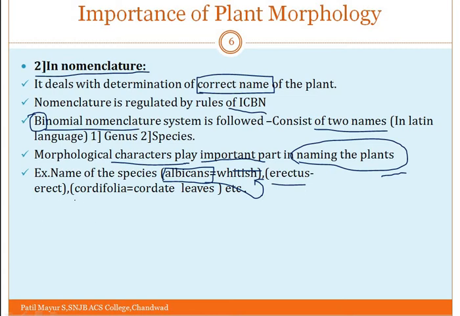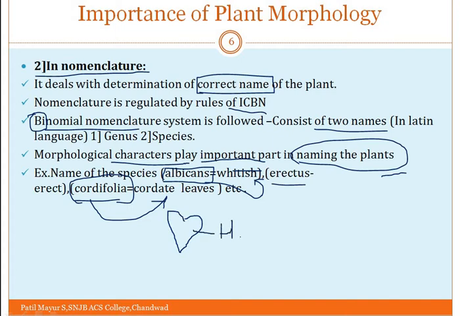Again, cordifolia is there. A famous example is Tinospora cordifolia, which in Marathi is called gulwel. That name owes its meaning to the cordate shape of the leaf. If you observe the shape of those leaves, it is heart shape.